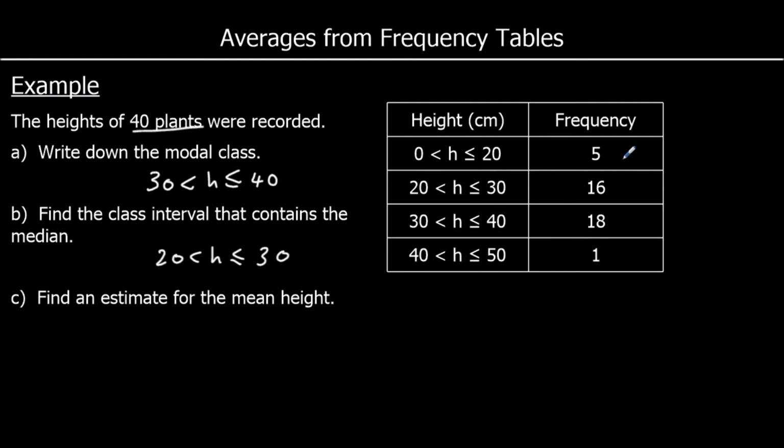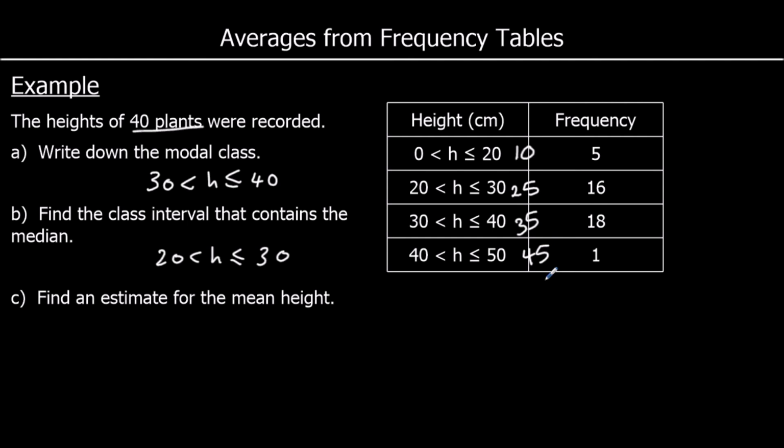So we're going to say all 5 of these plants are 10 centimeters tall, halfway between 0 and 20. All 16 of these we're going to say is 25 centimeters tall. All 18 of these plants we're going to say are 35 centimeters tall. And we're going to say that this plant is 45 centimeters tall.